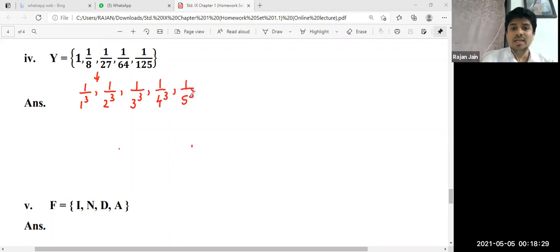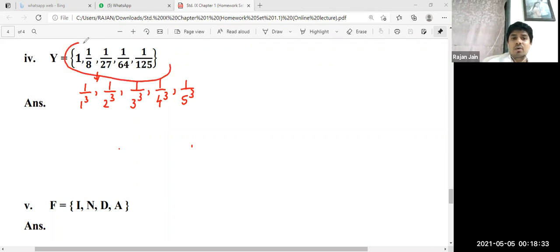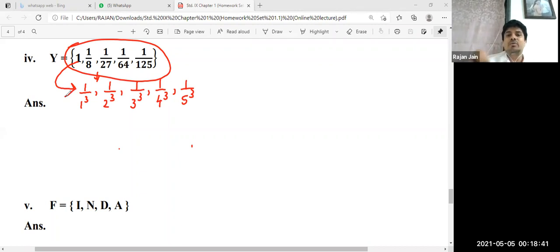This is only for your understanding. It is not necessary to write this in the exam. So what I have done is identified the rule that each and every element is following, and using the new elements that I have written, I will write my set builder form.